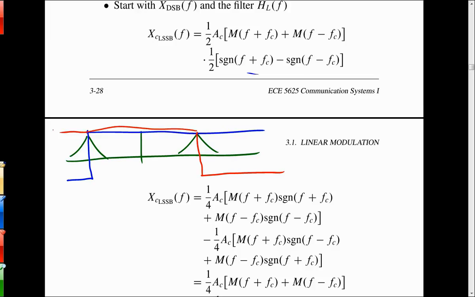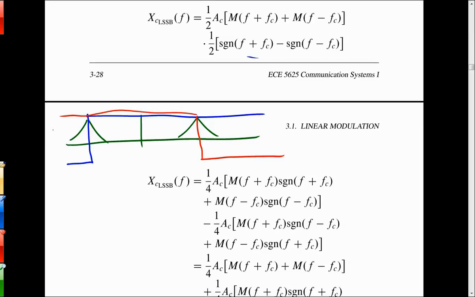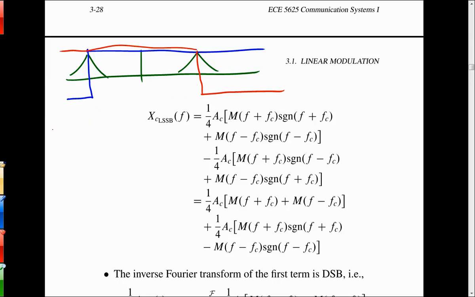So when I do these 4 terms, the first terms that I want to consider are the ones that don't have the signum function splitting my double sideband spectrum down the middle. As I've got it written out, I've got all 4 terms right here.